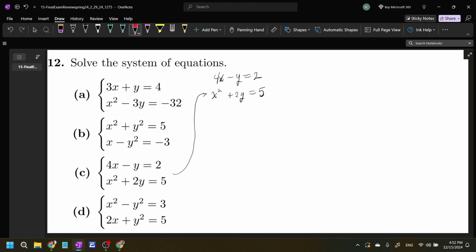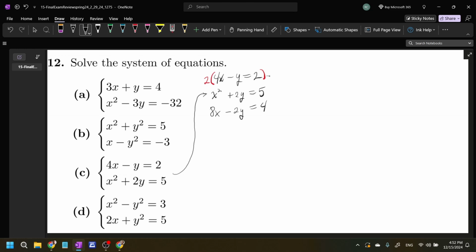So what I'm going to do, because this is negative y and this is 2y, if I multiply the entire first equation by 2, that's going to give me 8x as a new equation. 8x minus 2y equals 4.